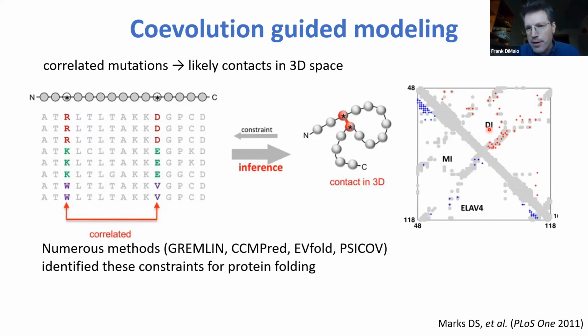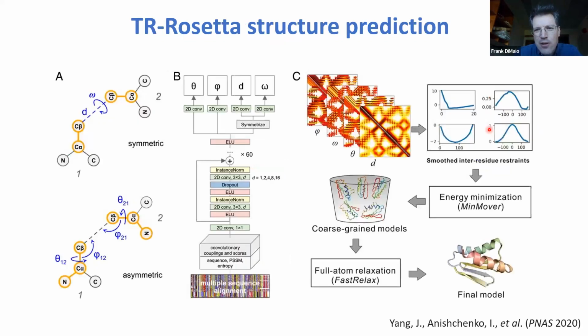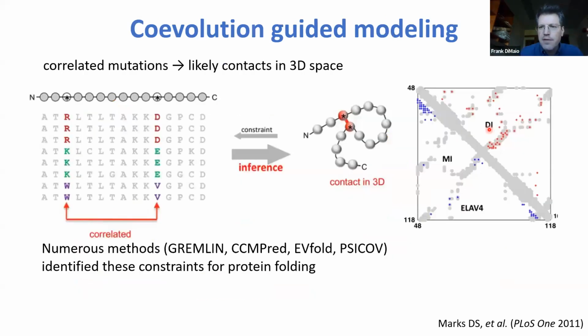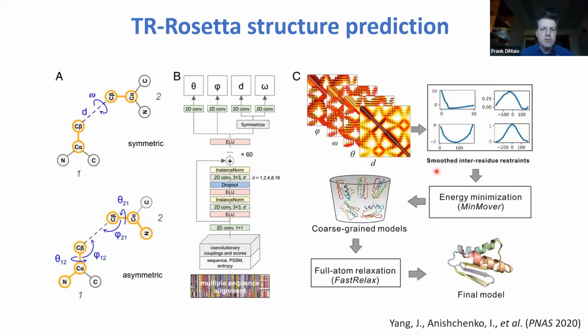A lot of proteins that are interesting didn't have enough sequences. And so people, I guess around 2017, started to realize that you could approach this as a problem of computer vision, like image denoising. You could think of these contact maps as two-dimensional images. When you don't have many sequences, these are really noisy images, and you can use ideas from computer vision. A number of groups did this.